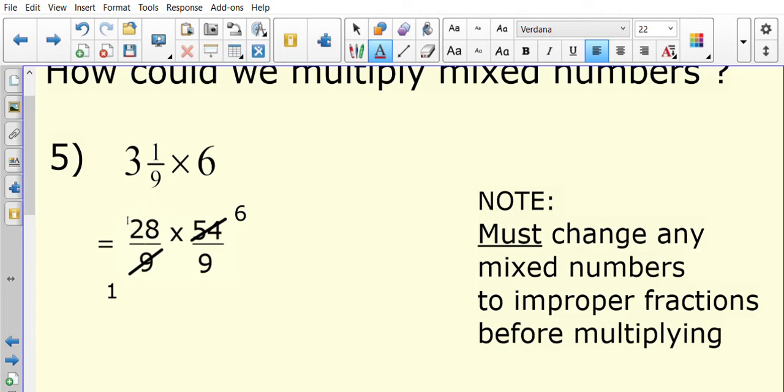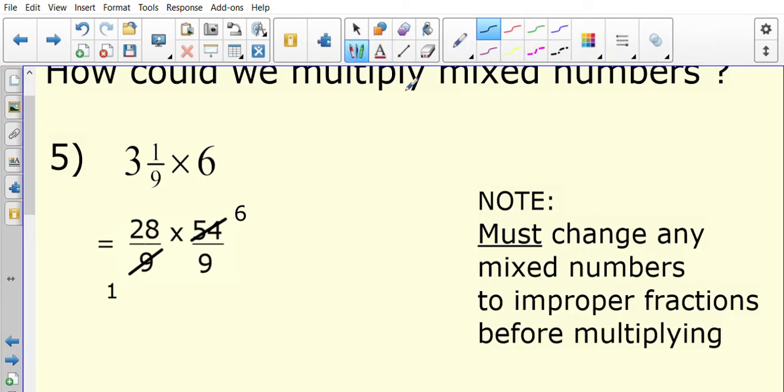So I have 28 and I have to multiply it by 6. Now remember, if you were doing this without a calculator and you couldn't quite do that in your head, that's okay. Remember, you can do a long multiplication at the side to help you out.